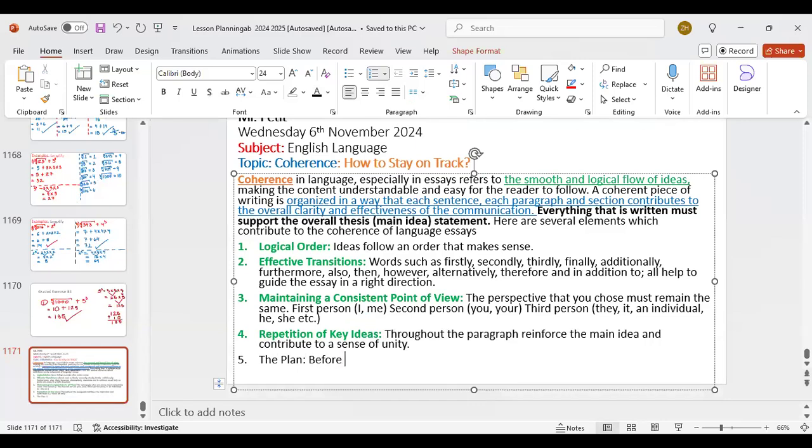Before writing an essay, spend some time, 10 to 15 minutes, organizing your ideas and positions by using a plan.